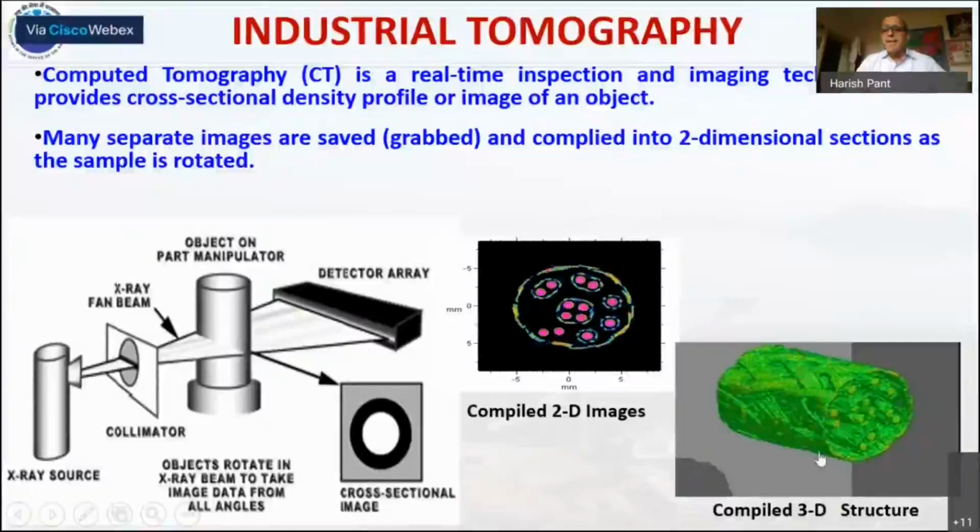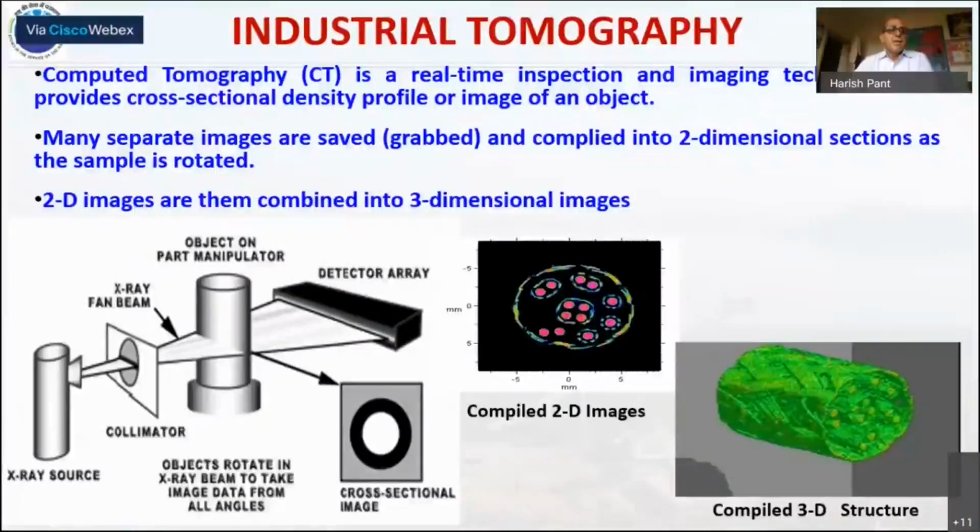So one can really reconstruct a three-dimensional image of the object. Here you can see some high density material inside the object, and the same thing is seen here. The two-dimensional images are combined to obtain a three-dimensional image like this.